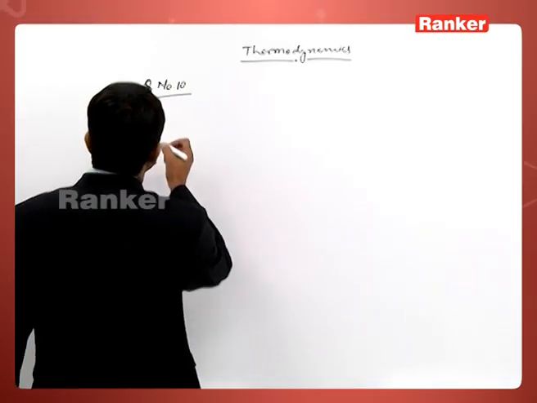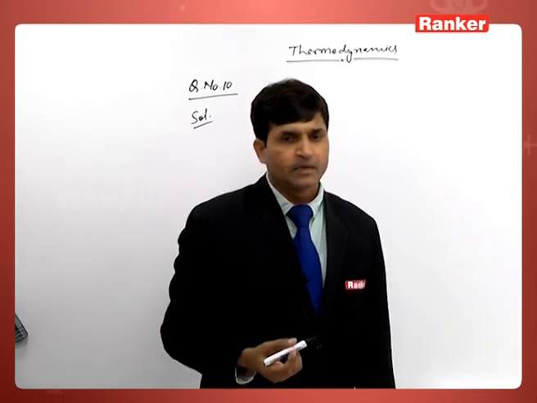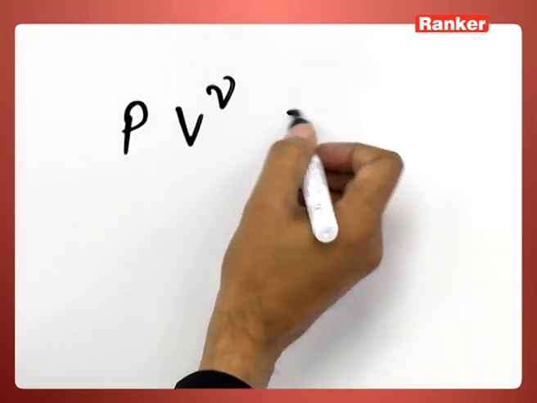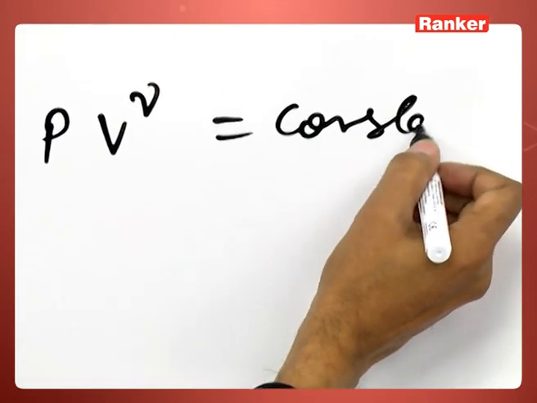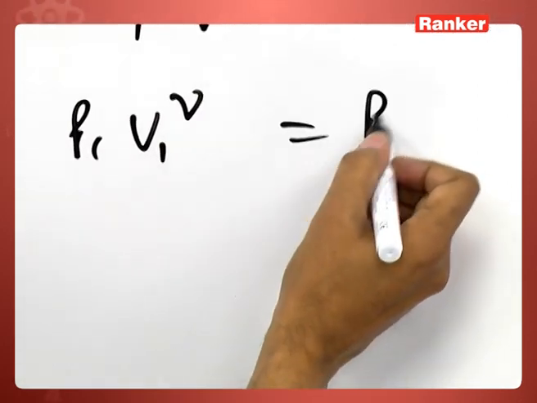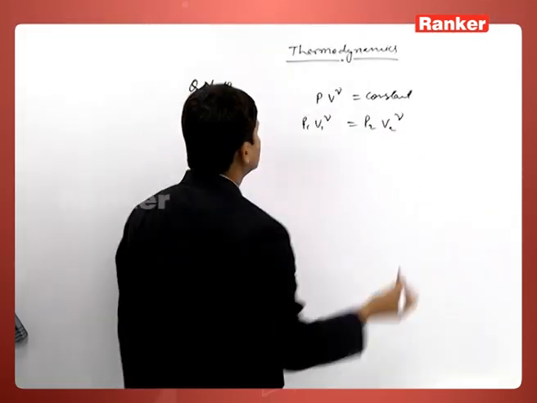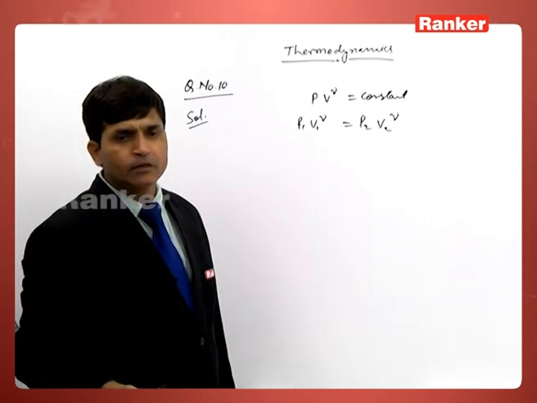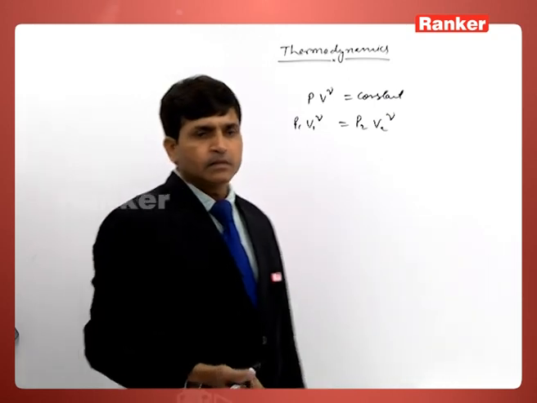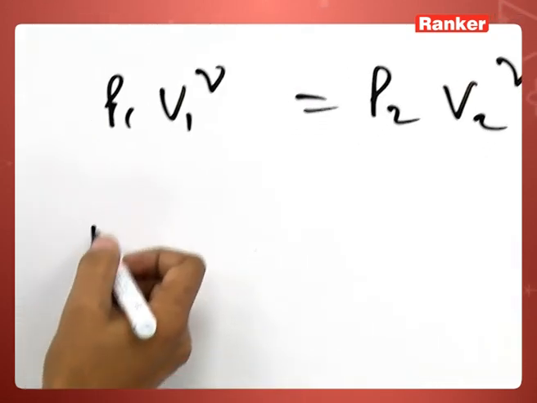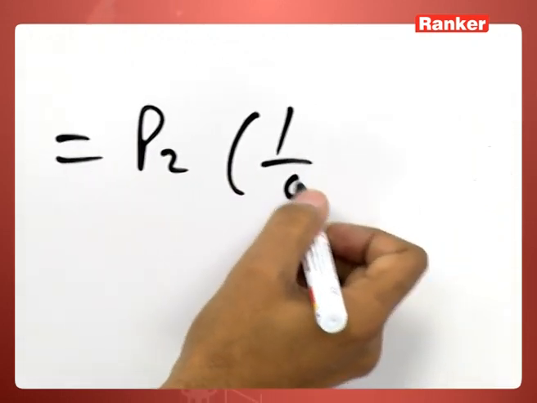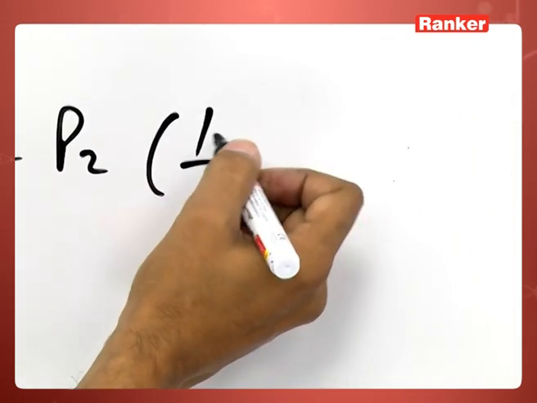So gas has been compressed adiabatically. As we know, for adiabatic expansion, PV to the power gamma is constant. So P1 V1 to the power gamma is equal to P2 V2 to the power gamma. Initial pressure is P, and now the volume has been changed to 1 by 8 of the initial volume.